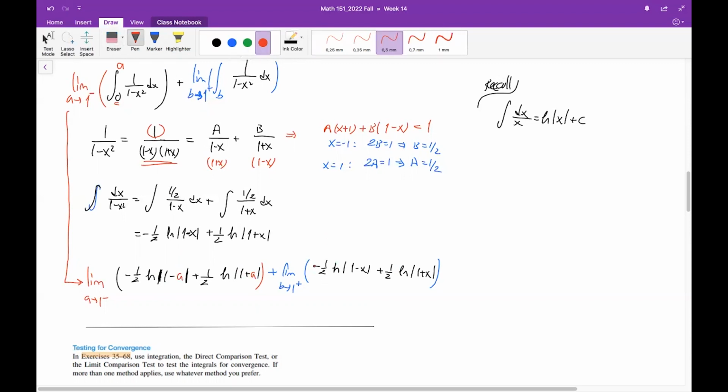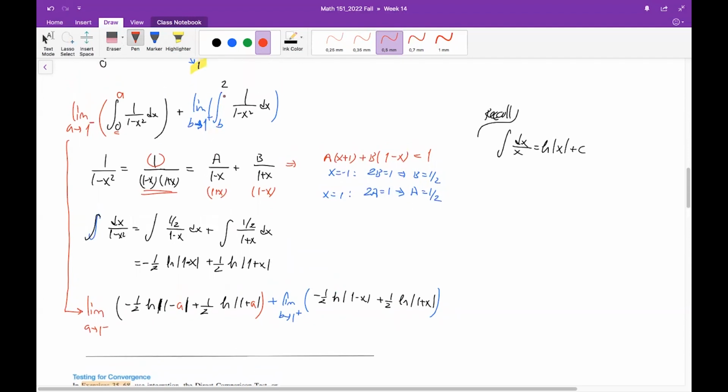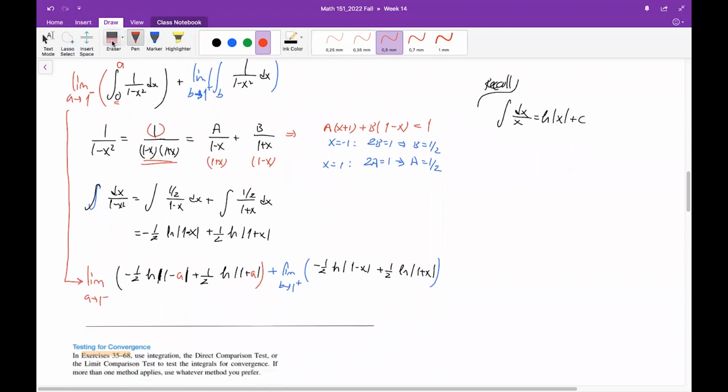Okay, and let's do the same for the second integral. This time we will first insert 2, okay? If I insert 2 here, 1 minus 2 is minus 1, but thanks God, we have an absolute sign. Here, ln 1 is 0, gone.